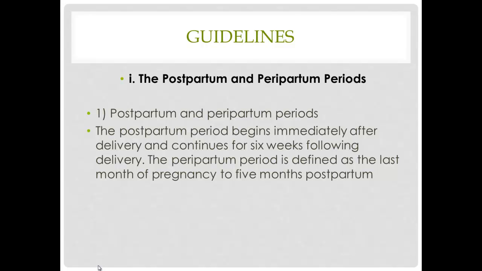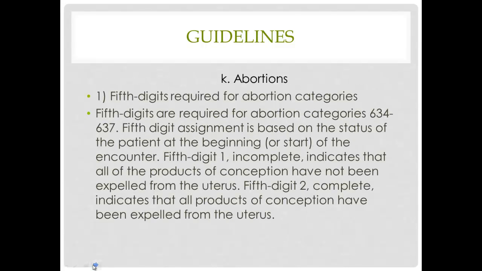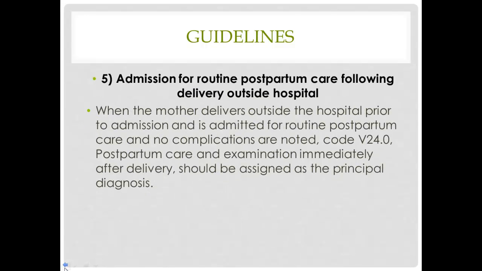And this is important because sometimes a test question can say postpartum or it may say peripartum, and we want you to be able to know the difference. So if the patient comes to the office for her postpartum care, her diagnosis code, if everything is okay and there are no complications, would be V24.0.